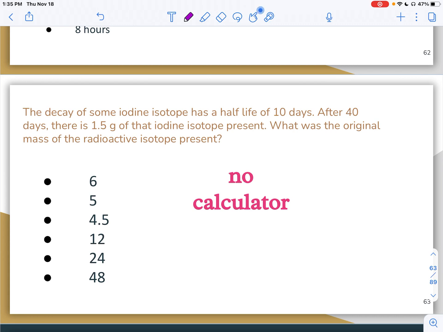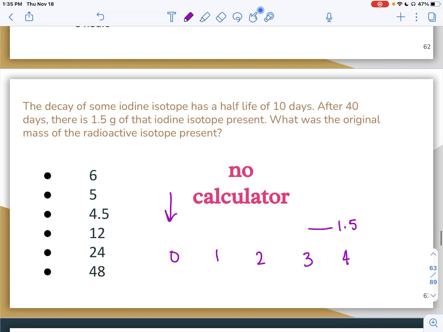We know that we had 1.5 after 4 half-lives, because 40 days is 4 half-lives, and we want to figure out what it is at 0. So instead of dividing by 2, which is what we've done before, we're going to multiply. Here, it would have been 3. Here, 6, 12, and it would have started out as 24. So that's our answer.